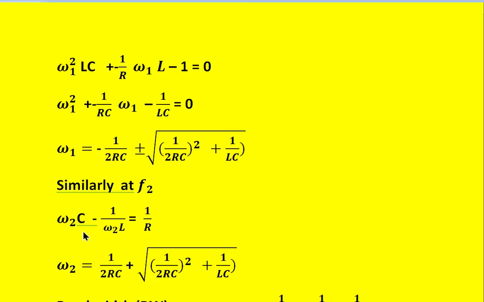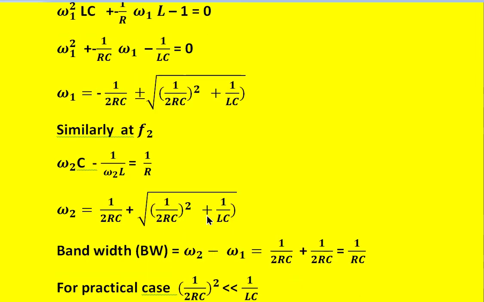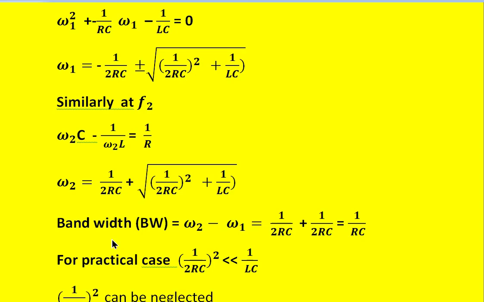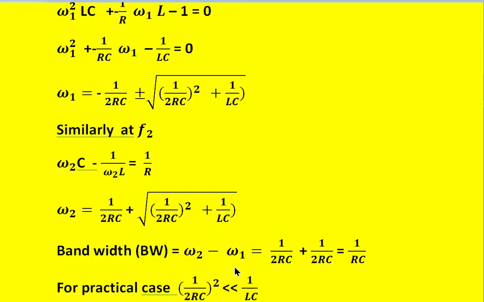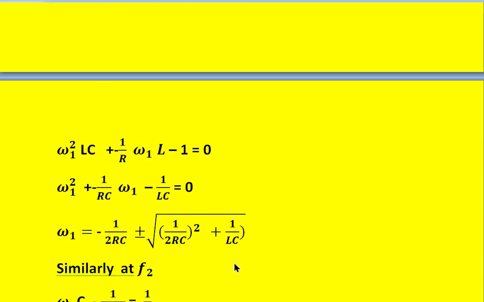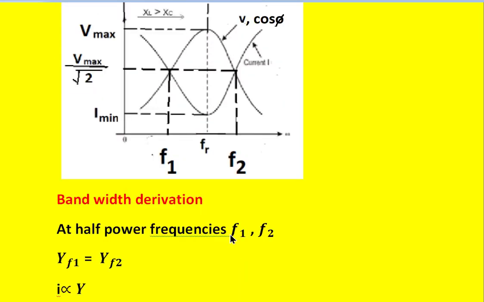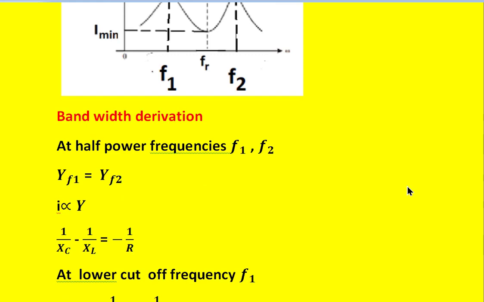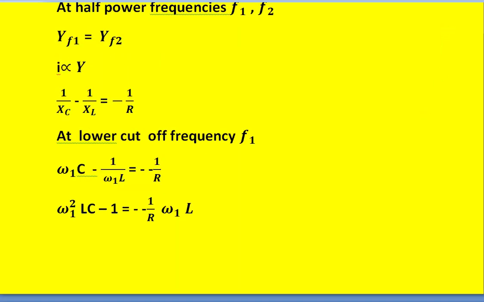So omega 2C minus 1 by omega 2L is equal to 1 by R. From this, omega 2 can be written as omega 2 is equal to 1 by 2 RC plus root of 1 by 2 RC whole square plus 1 by LC. As can be seen from the graph, bandwidth is nothing but omega 2 minus omega 1, or F2 minus F1.